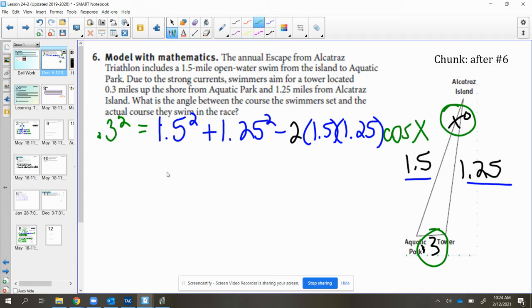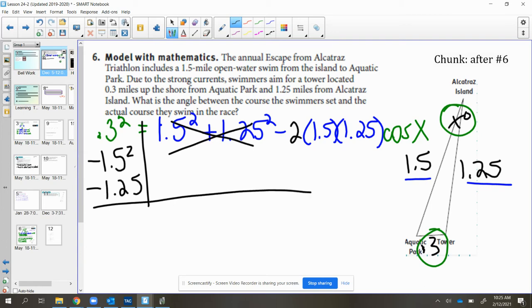Now, the typing into the calculator is going to be a little bit different on this one because we have to be careful. Notice we can't type all this in together because the cosine of x is being multiplied by here. So we're going to have to start by actually isolating this negative 2 times 1.5 times 1.25 times cosine x. So to do that, we're going to need to subtract from the left-hand side the 1.5 squared and the 1.25 squared.